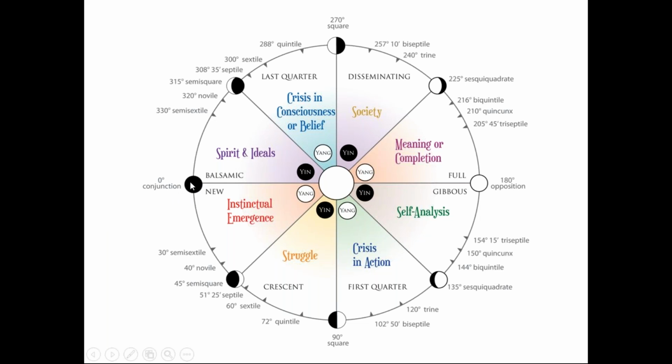I started at the 0 degree point where we would naturally look at the ascendant or rising, the beginning of the first house, and you move in that counterclockwise fashion to get to the 8 phases and all of the specific aspects that are contained within the 8 phases.